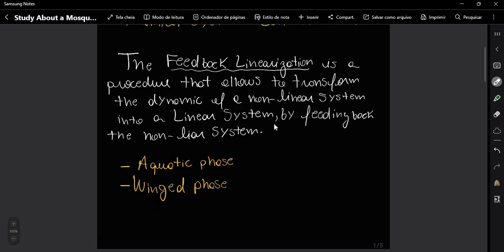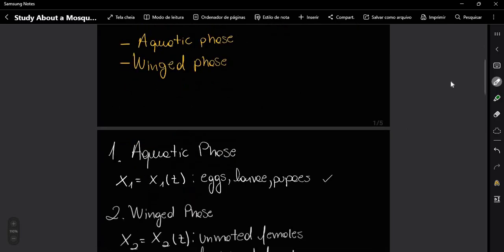Let's briefly revise what we already saw, and then we can continue describing the model. Feedback linearization is a procedure that allows us to transform the dynamic of a nonlinear system into a linear system by feeding back the nonlinear system.